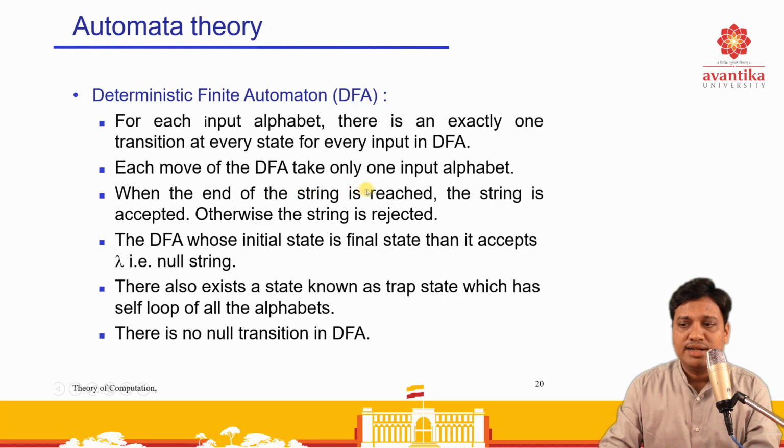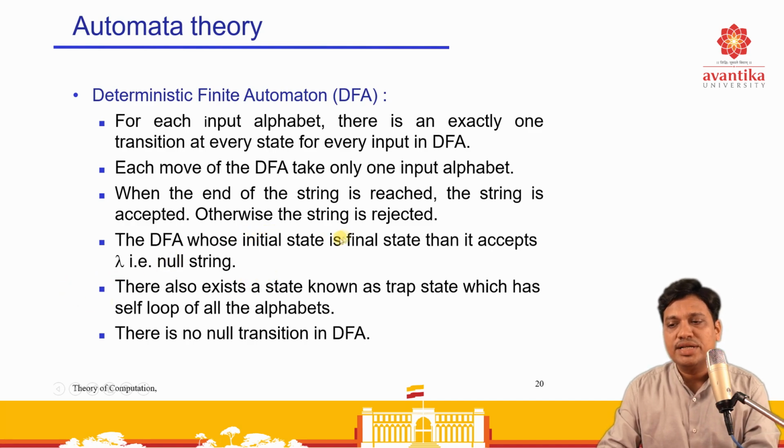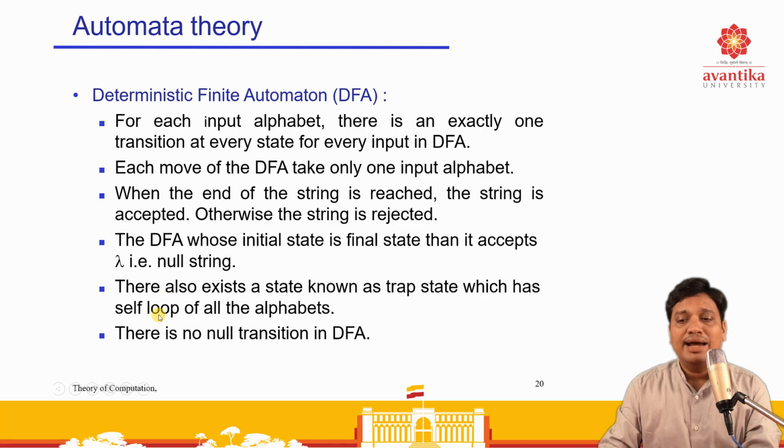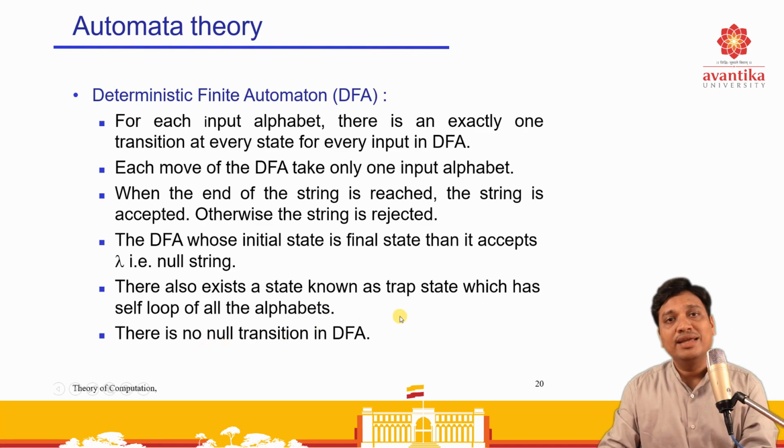When the end of the string is reached, the string is accepted, otherwise the string is rejected. So if the DFA's initial state is a final state, then it accepts lambda, that is the null string. There also exists a state known as the trap state, because some additional states are required to complete the transitions, which has a self loop on all the alphabets. So there is no null transition in DFA.